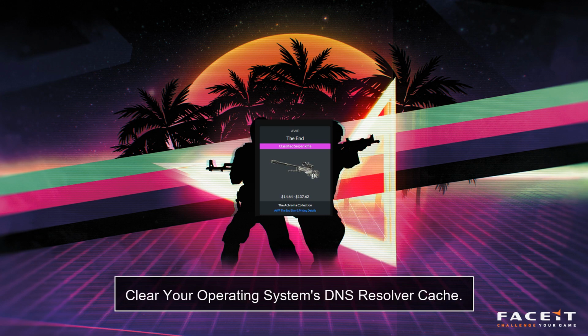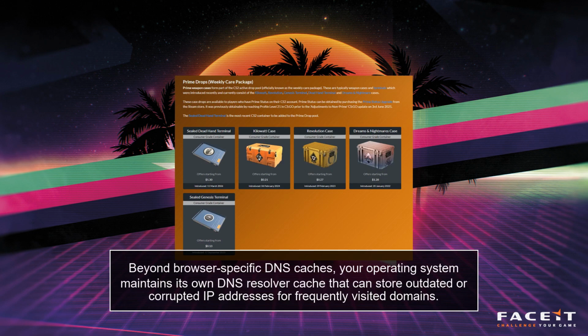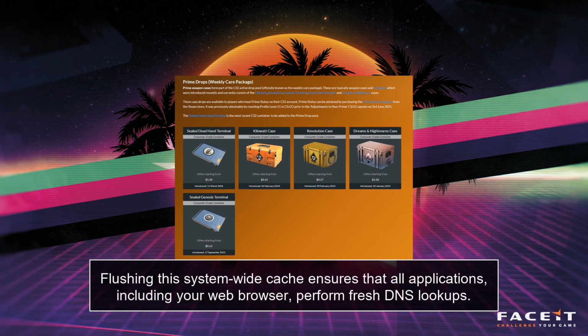Clear your operating system's DNS resolver cache. Beyond browser-specific DNS caches, your operating system maintains its own DNS resolver cache that can store outdated or corrupted IP addresses for frequently visited domains. Flushing this system-wide cache ensures that all applications, including your web browser, perform fresh DNS lookups.